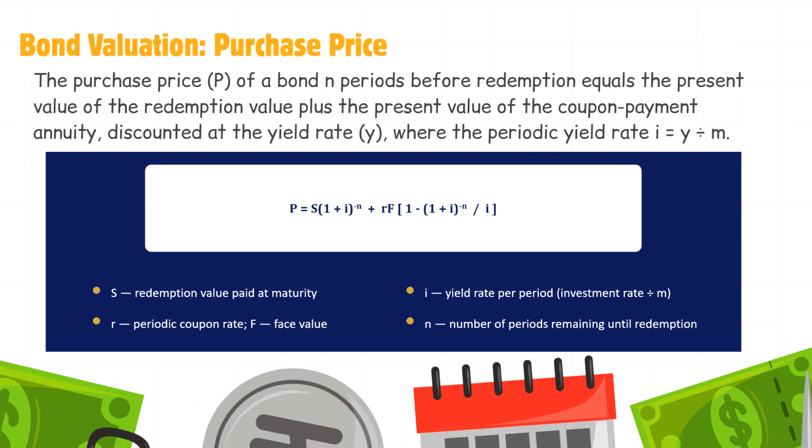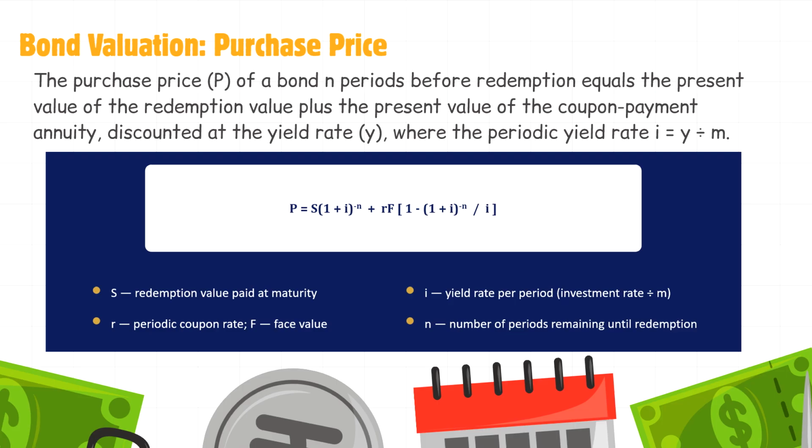So the formula is P is equal to S multiplied by the quantity of 1 plus I raised to negative n, plus R multiplied by F multiplied by 1 minus the quantity of 1 plus I raised to negative n, over I.